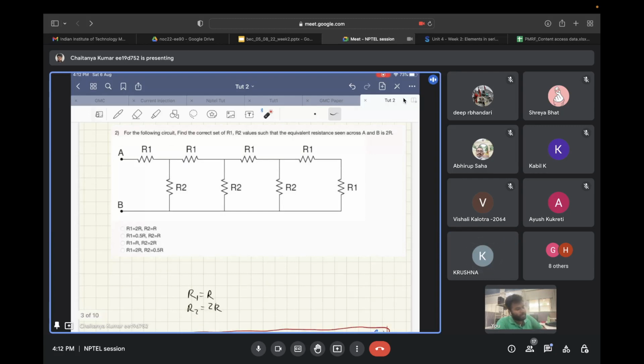So in practice, what you should have done is calculated the complete resistance in terms of R1 and R2, and then plugged in the values and checked. So it will be 2R1 plus 2R1 into R2 upon 2R1 plus R2.